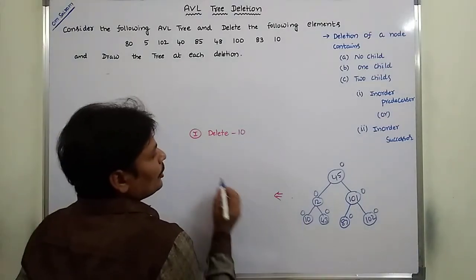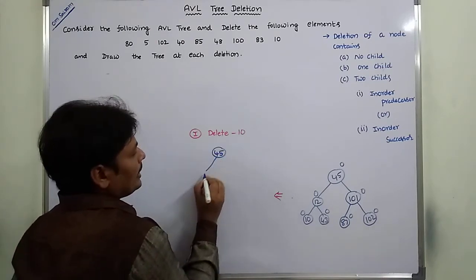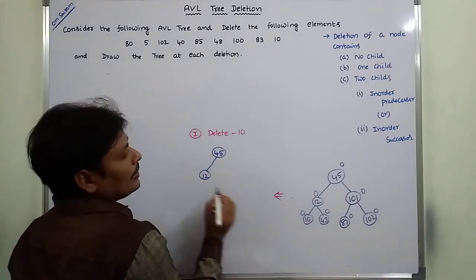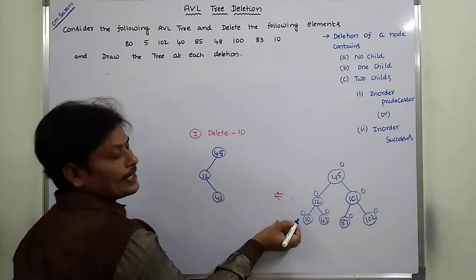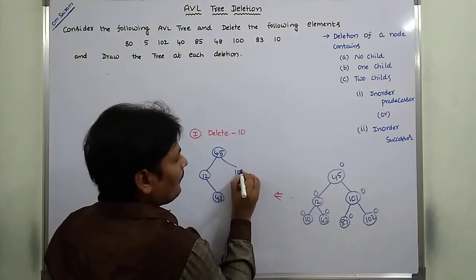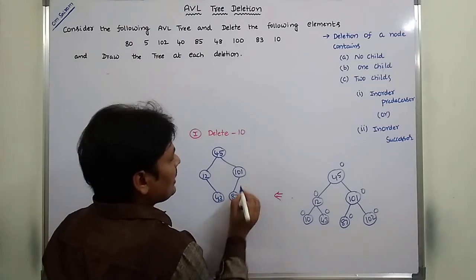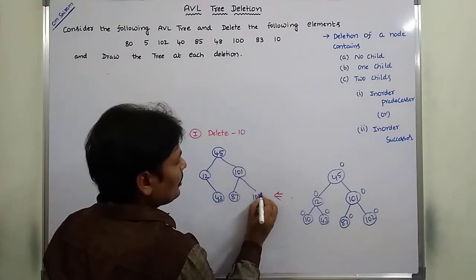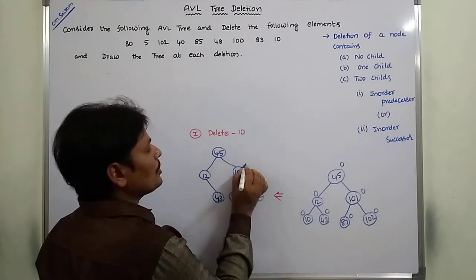After deleting node 10, the tree becomes: 45, its left child is 12 and 12's right child is only 43. The left child is deleted. Next, 45's right child is 101 and 101's left child is 87, right child is 102. There is no change in the right subtree: 0, 0, 0.